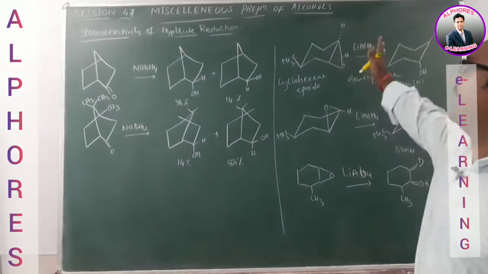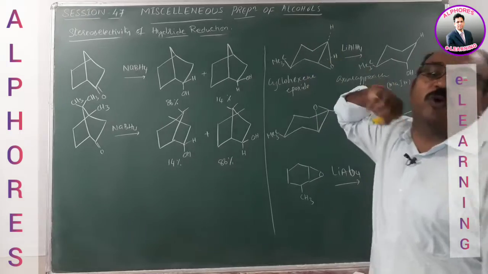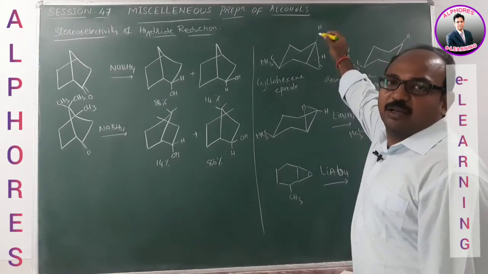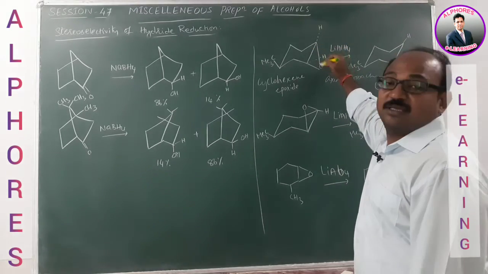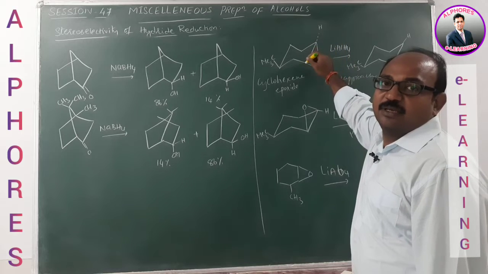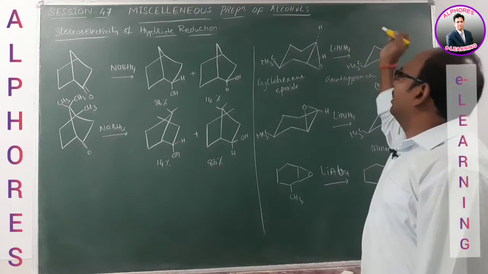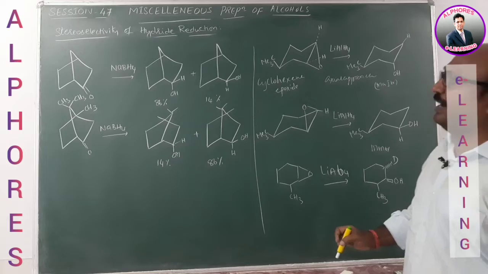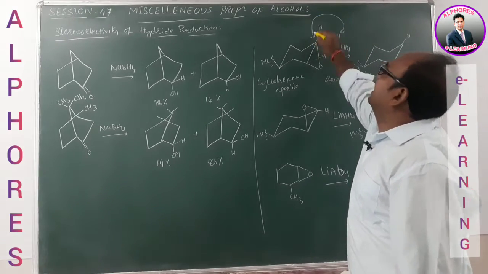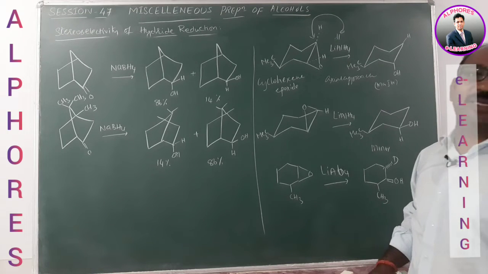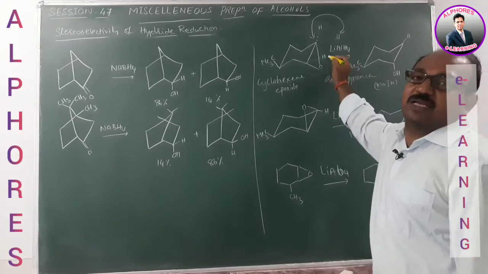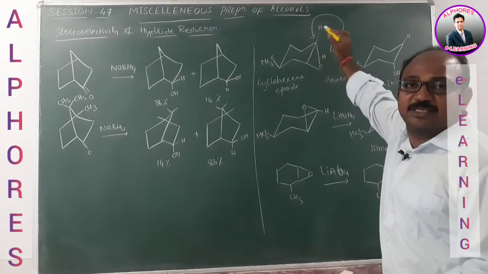In this cyclohexene epoxide, I am going to place a tertiary butyl group in the equatorial position, and as you know, the epoxide here, assume that it is like this, and both the hydrogens are existing like this. Upon reaction with lithium aluminum hydride, in such a case H minus has to approach in the axial direction, and the equatorial direction is not possible because the epoxide ring is there.